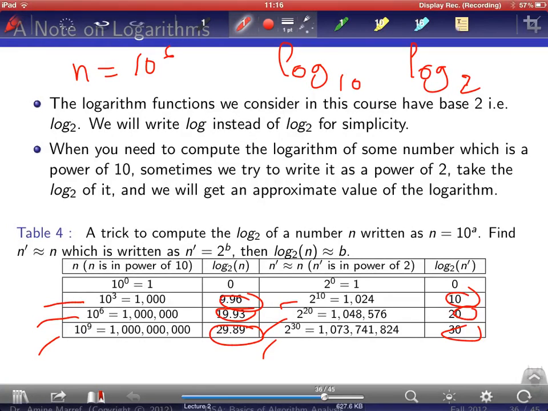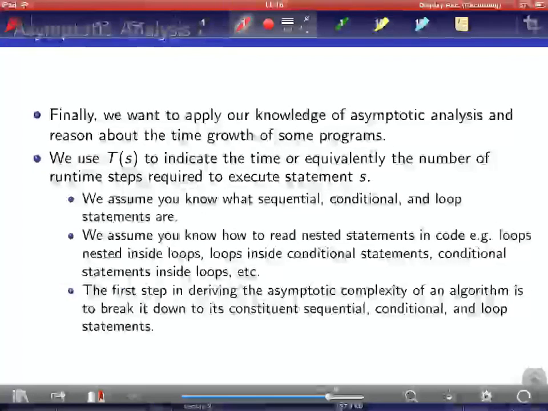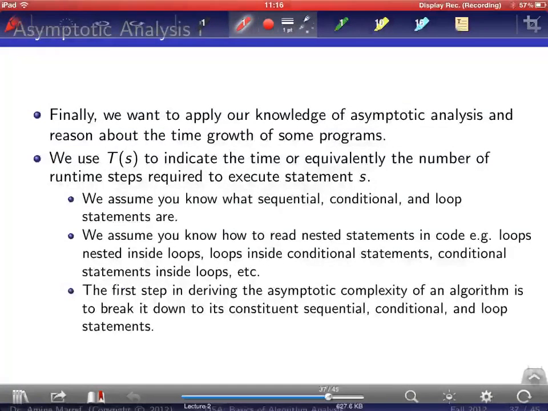There is a rule for sequential statements, a rule for conditional statements, and a rule for loop statements. So what is the rule for sequential statements? I did not explain what T of S is. If we have a statement S, then T of S is the number of runtime steps, or the execution time of S. Easy.